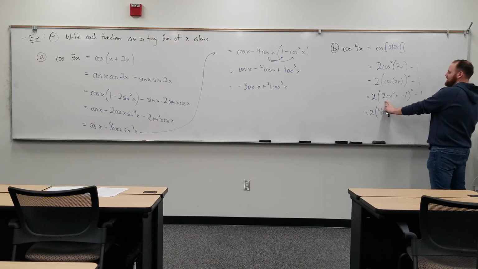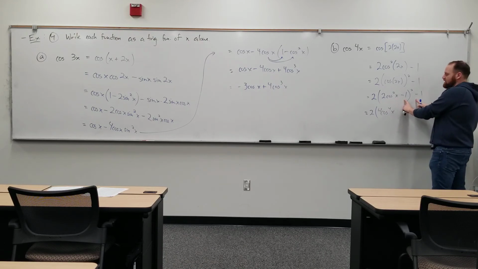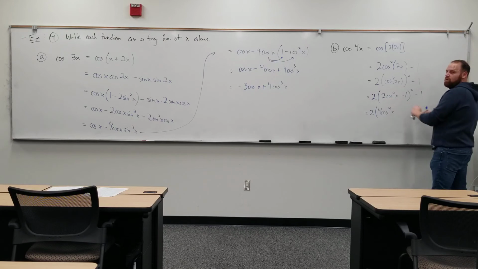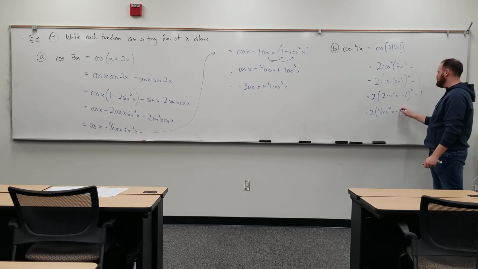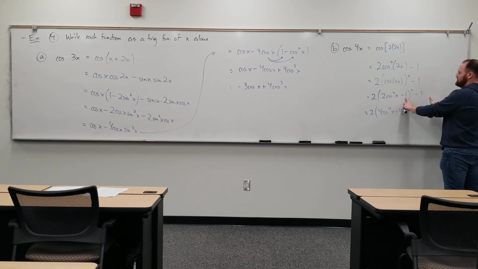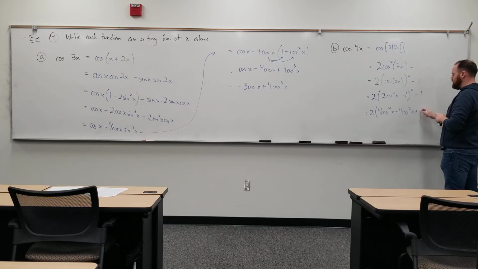And then I'm going to have that same copy again on the inside. So I'm going to have negative 2 cosine squared x, negative 2 cosine squared x. That's going to make negative 4 cosine squared x in total. And then finally I'm going to have a negative 1 times a negative 1, and that'll make a positive 1.